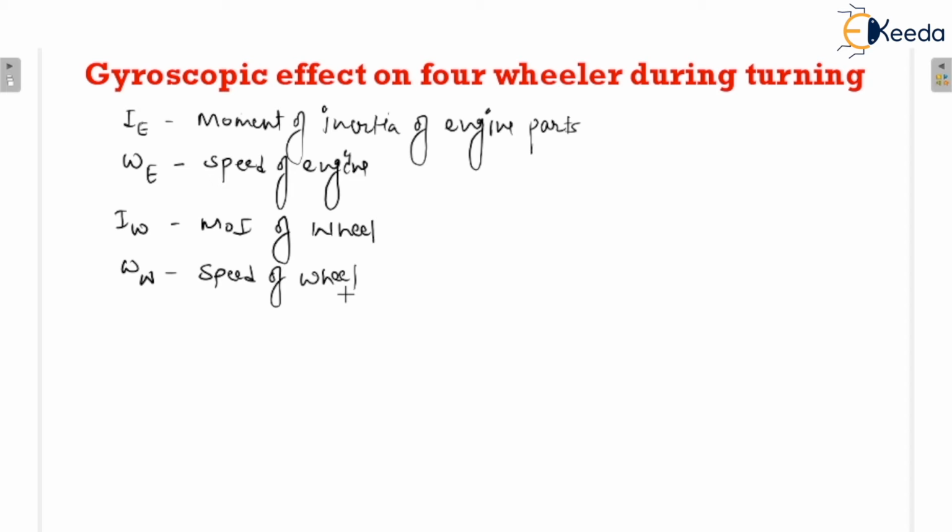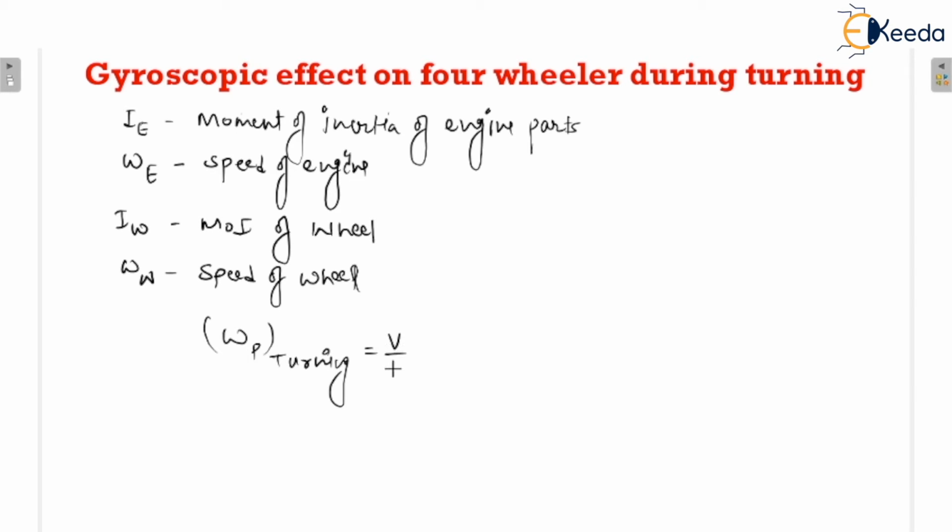Now what is the gyroscopic effect? There will be a gyroscopic couple on the engine as well as on the wheels, because both are having speed, both are having velocity. Omega P, we all know, is the angular velocity of precession, which is responsible for the direction of angular velocity when the vehicle is going to be turned.